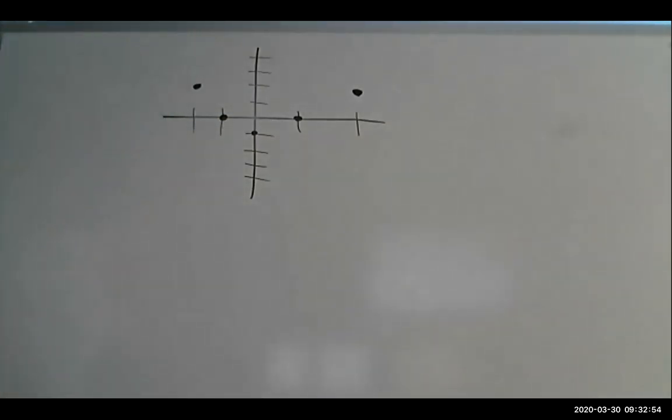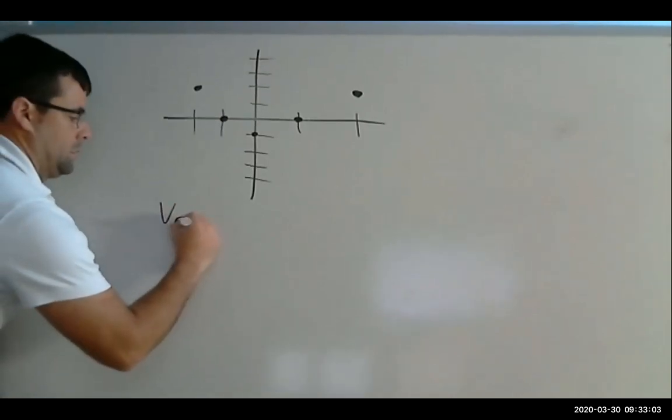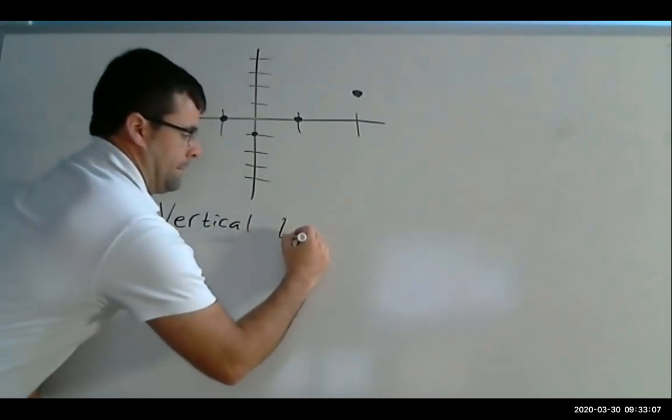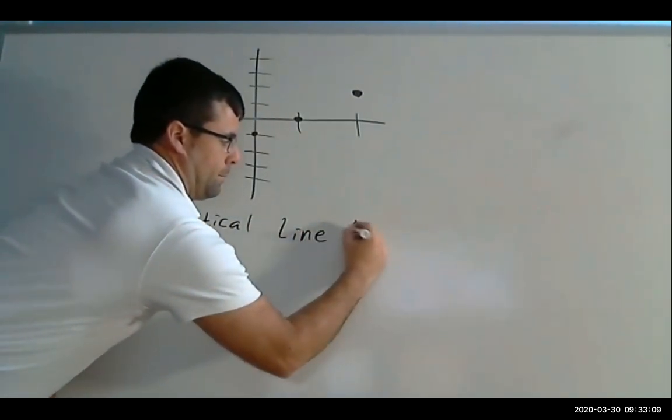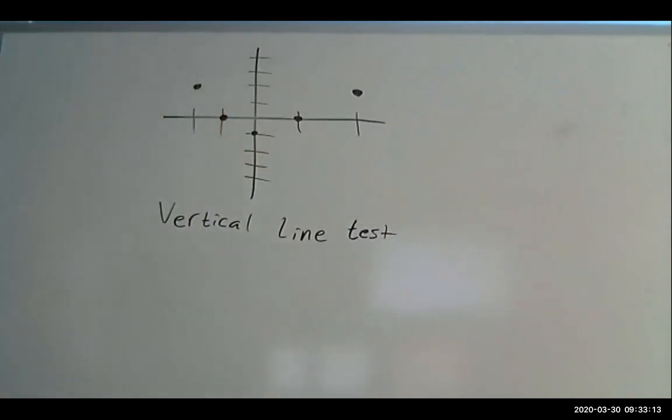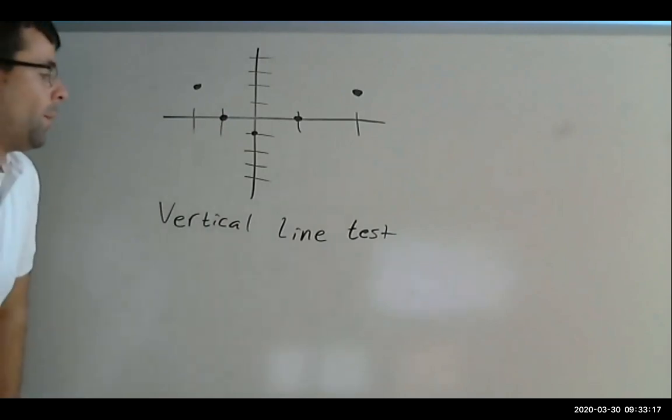With functions, we do something called the vertical line test. It's not very imaginatively named, but it is exactly what it sounds like.